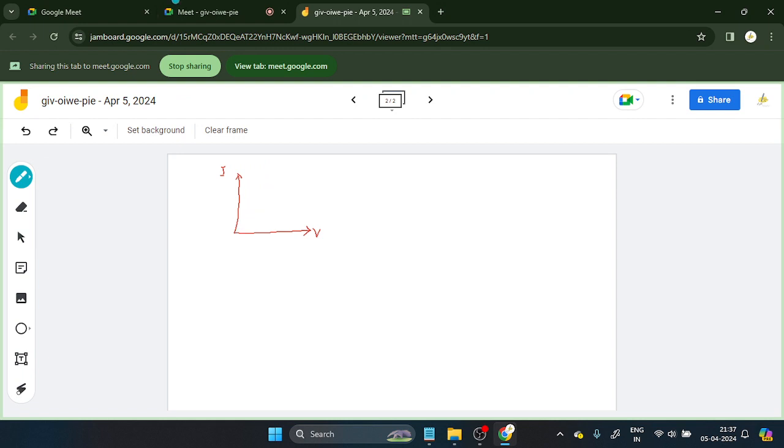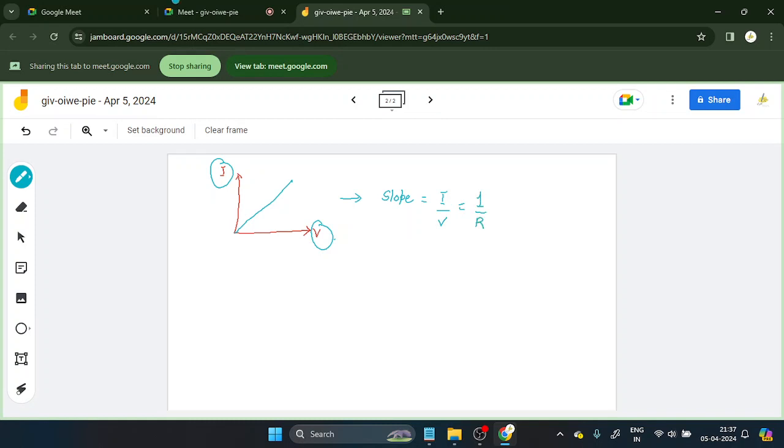So VI or IV graph, whatever you plot, it's always going to come linear. But here, if you find the slope, which is quantity on y-axis upon quantity on x-axis, this slope is going to be I upon V, and it equals 1 upon R.